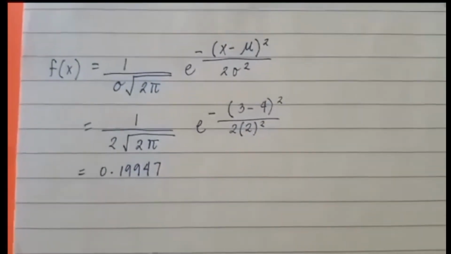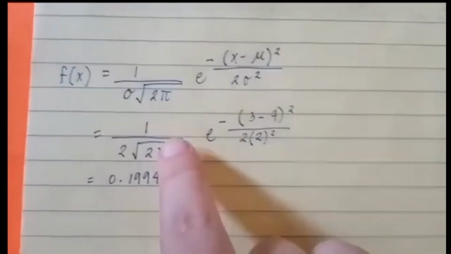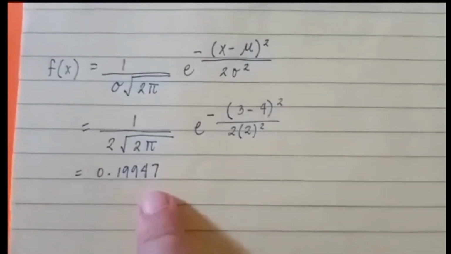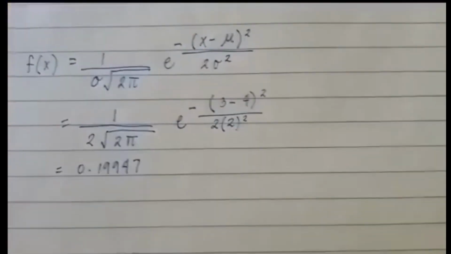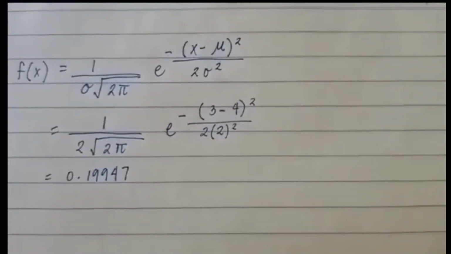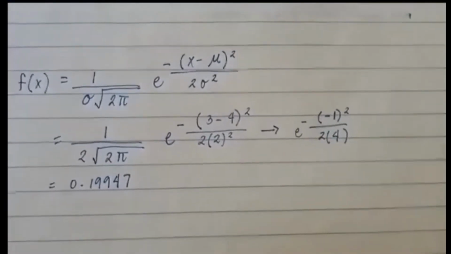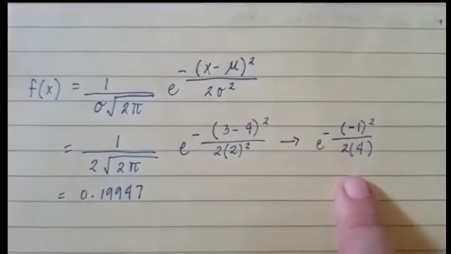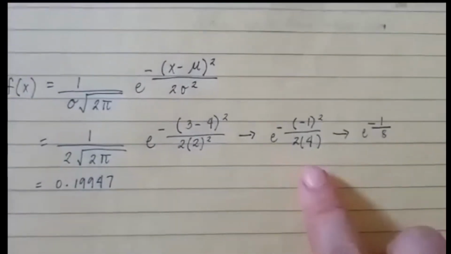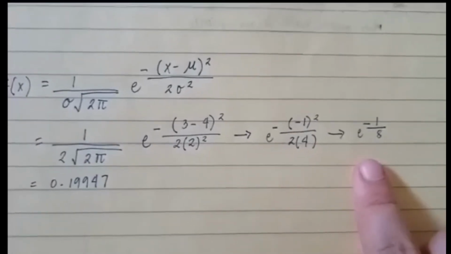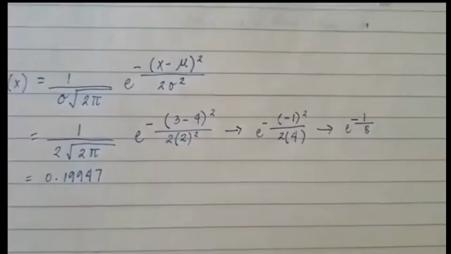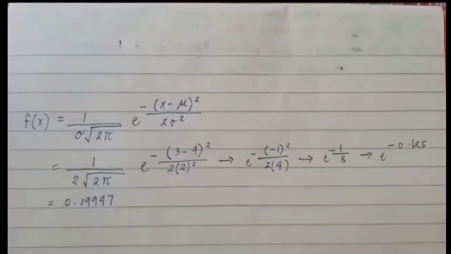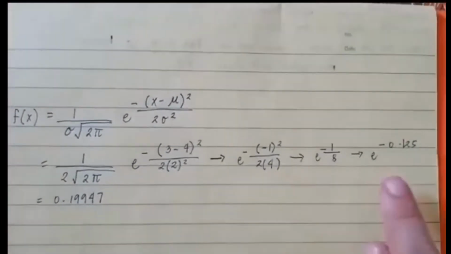Next is to simplify e raised to the power of negative times the quantity of 3 minus 4 squared over 2 times the quantity of 2 squared. That is equal to e raised to the power of negative 1/8. Reducing it into its decimal form, we now have e raised to the power of negative 0.125.